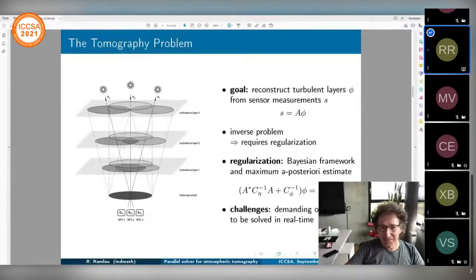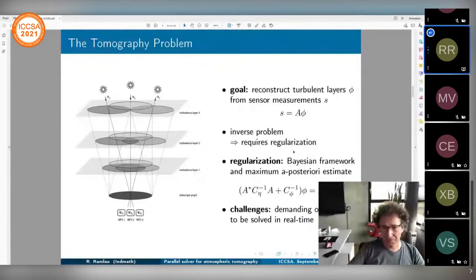Anyway, in order to reconstruct the turbulence from the light coming from the guide stars, you have to solve an inverse problem. It's basically a limited angle tomography problem. For the reconstruction, we use regularization in a Bayesian framework.